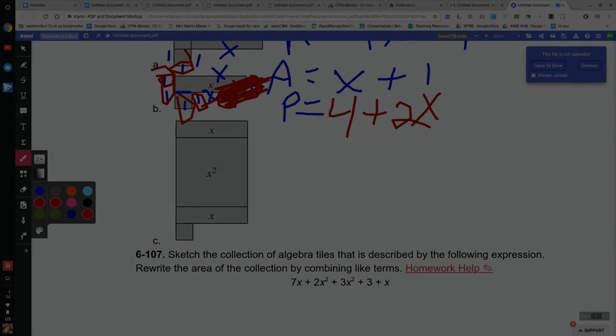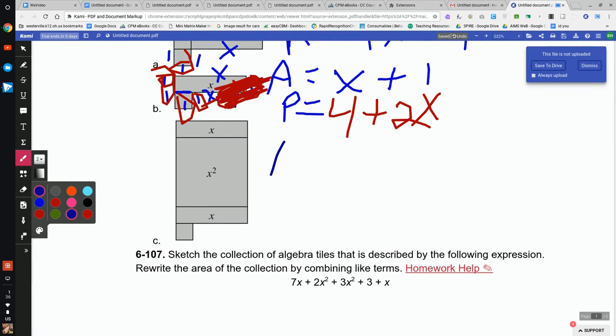So count up all my 1s, 1, 2, 3, 4. So I have 4 plus 2x. All right, moving on.